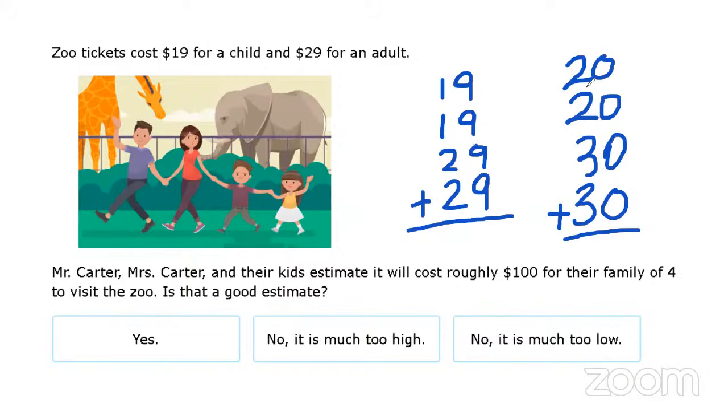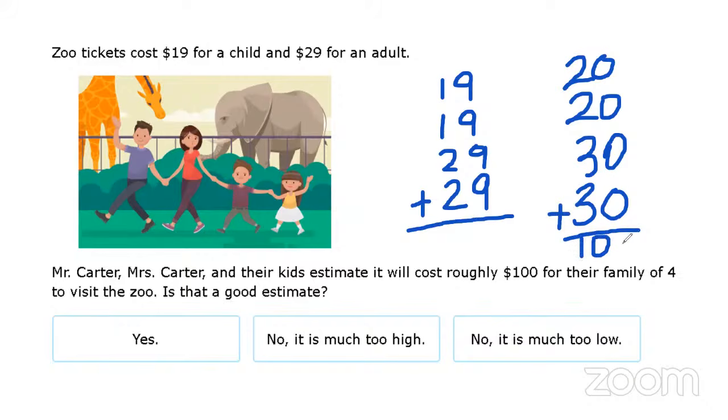So if for one child it's about $20, that means for two children it's about $40, right? And if for one adult it's about $30, then for two adults it's about $60, and $60 plus $40 is about $100. Now it says roughly, it says estimate. If we round it off, we get 100.